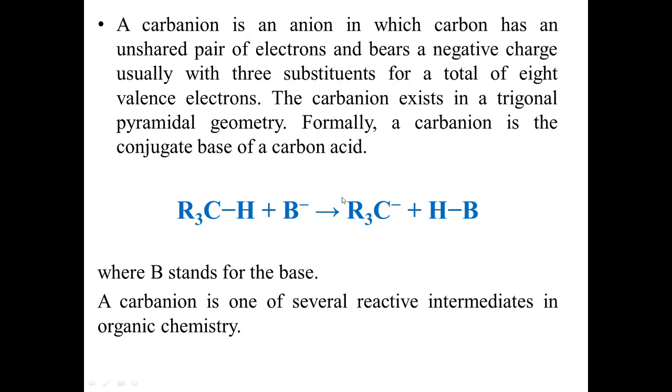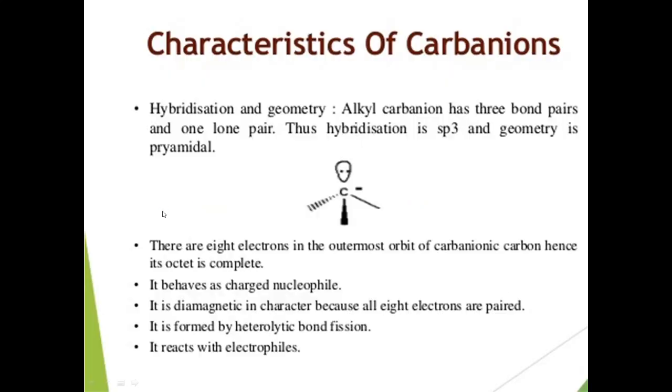This carbon anion is the conjugate base of the compound, and the compound is called a carbon acid. A carbon anion is a reactive intermediate in many organic chemistry reactions. It is not a neutral compound, it is an anion, hence it is an intermediate.